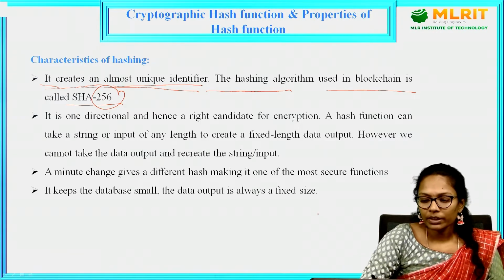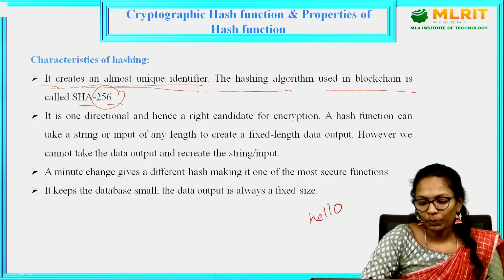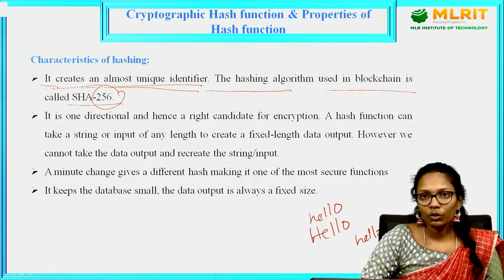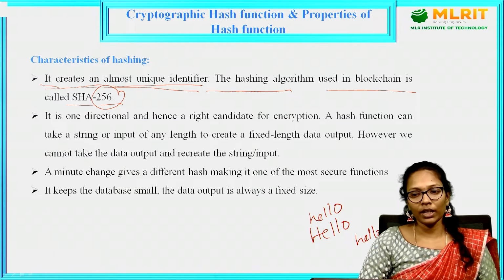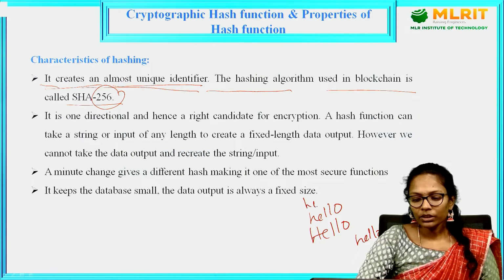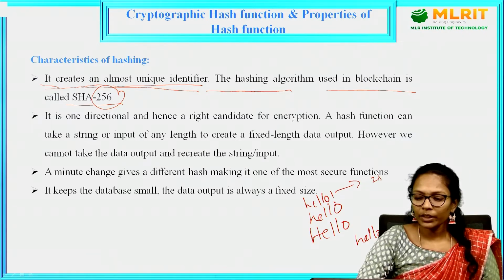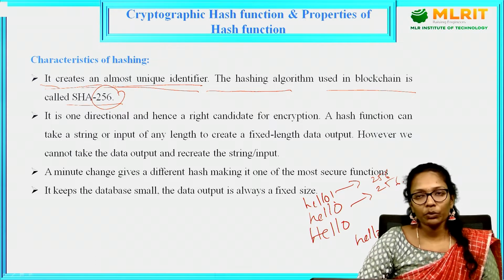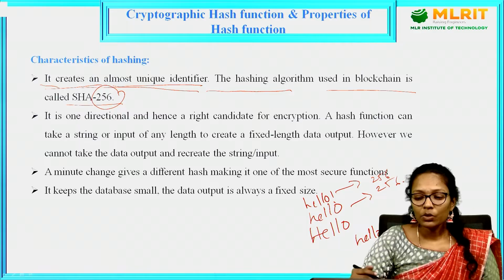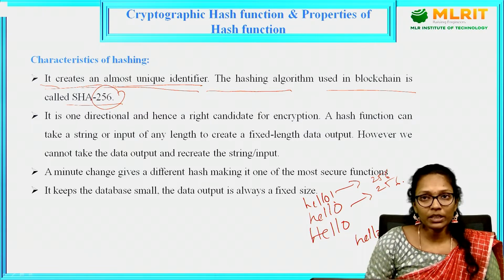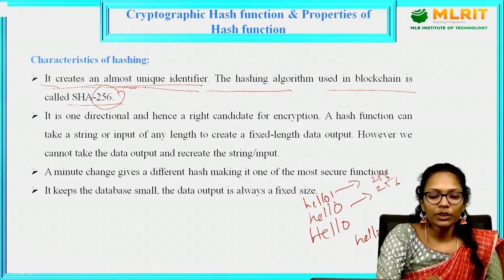For example, if I give the value hello, and the value capital H hello, and the value hello followed by an exclamation mark, all these values are different. For each of them, it will generate a unique identifier as a hash value. Even though a single character is different, the complete hash value will be different here. So it creates a unique identifier.